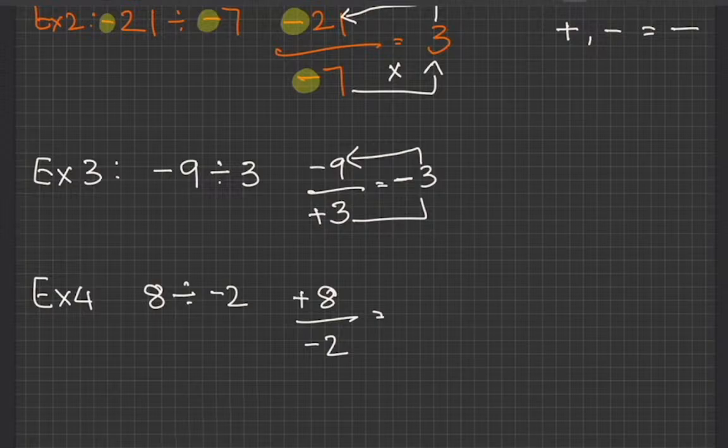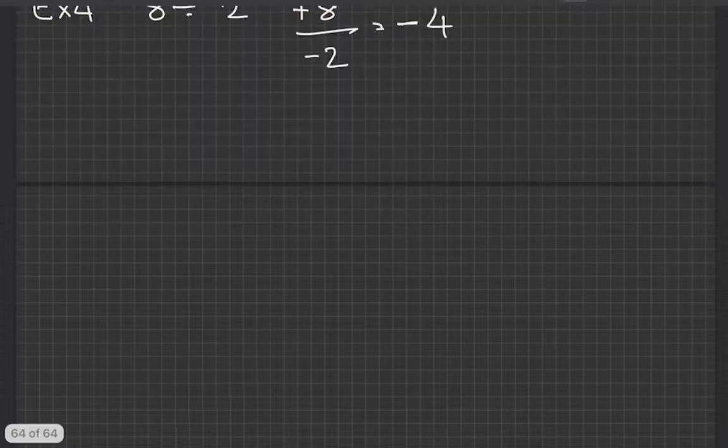So obviously, two negatives make a positive. So this will be negative 4. It will always be negative 4. Got it? And let's take two more examples.